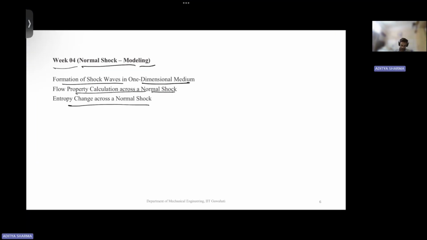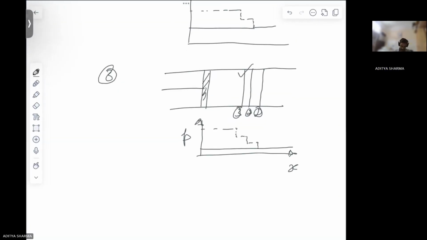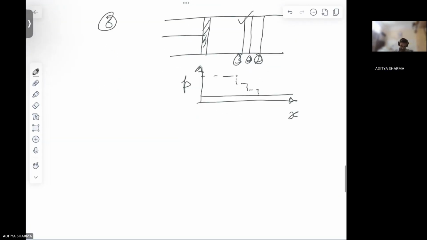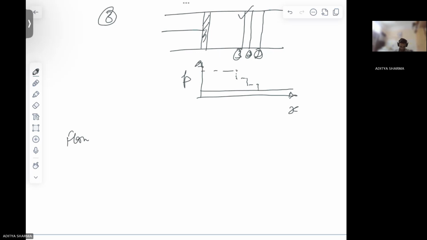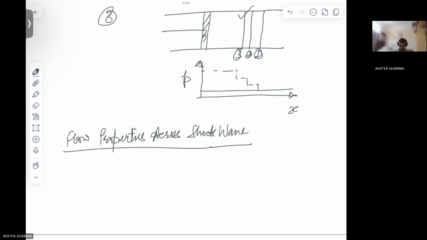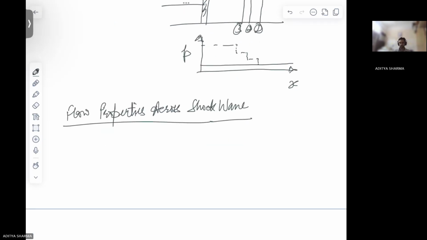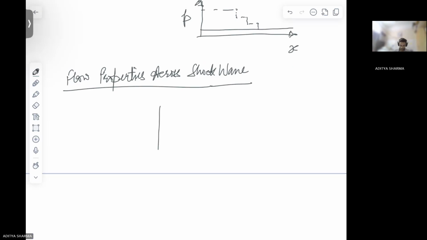And flow properties across a shock wave. If this is your shock, flow is moving like this.